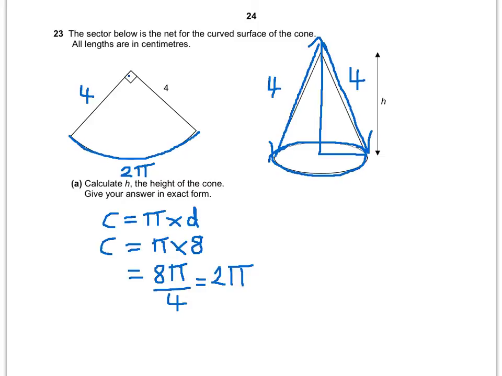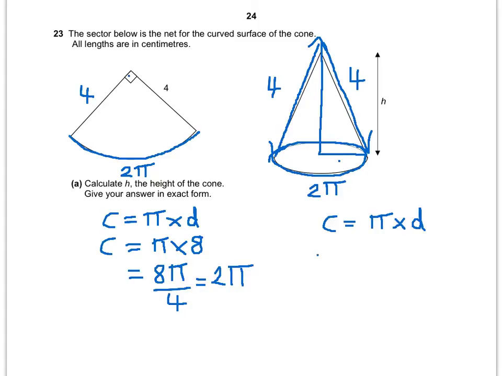Now, I can then also label that on my picture over here. We know that the distance all the way around the circumference is 2 pi. So now we need to use that to work out the radius. So if we write out the formula again for the circumference of a circle, the circumference equals pi times diameter. Well, we already know what the circumference is this time.